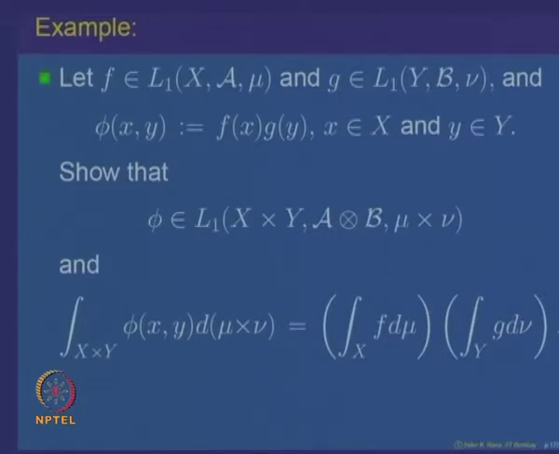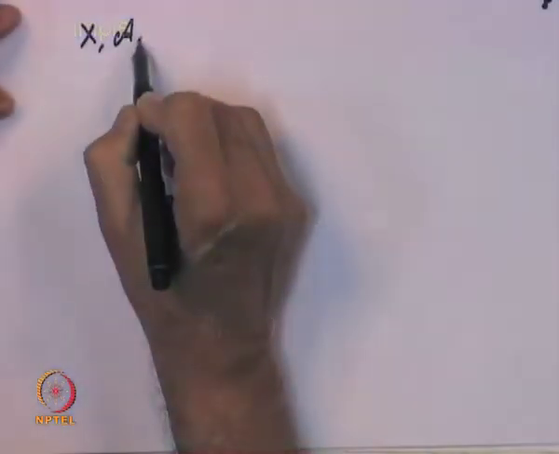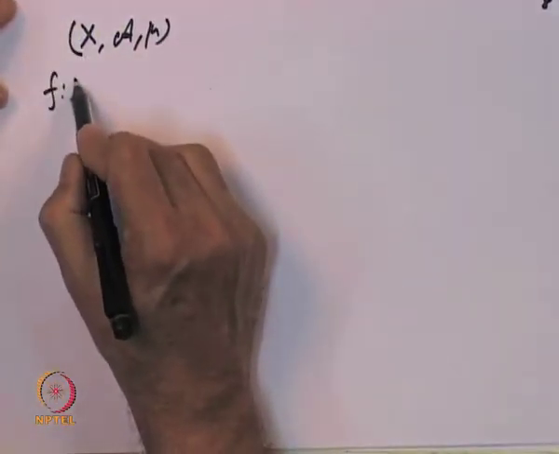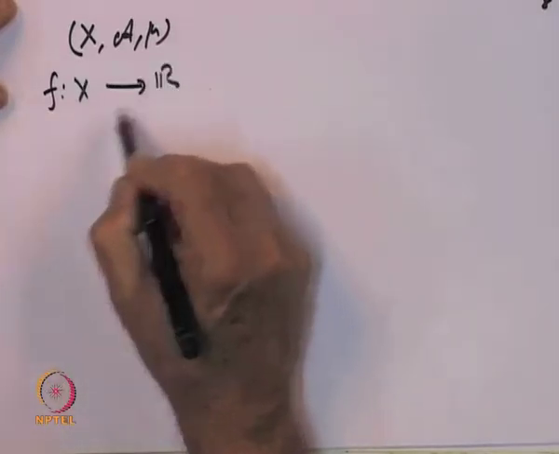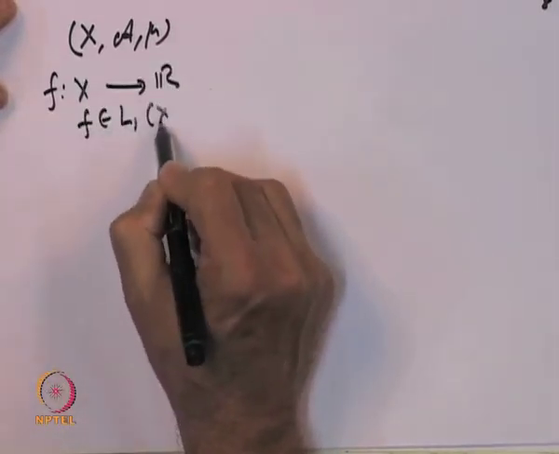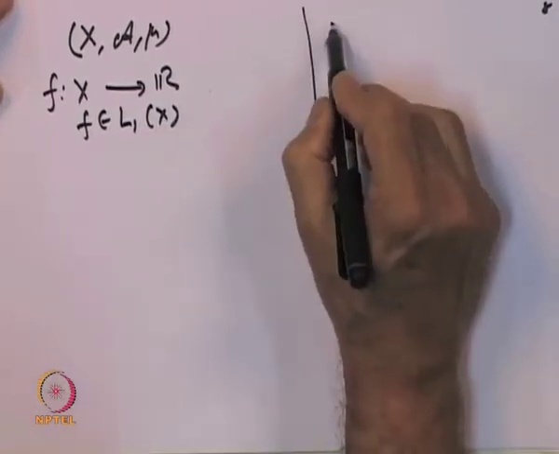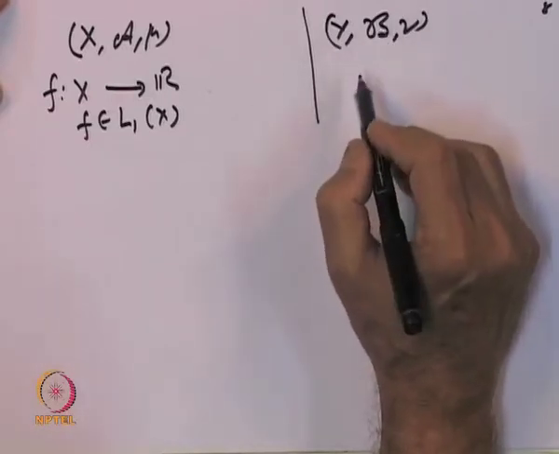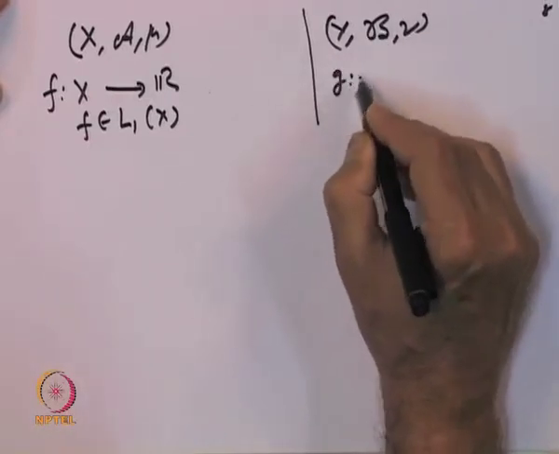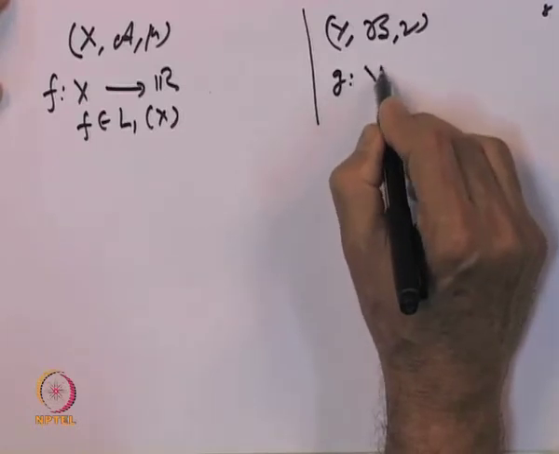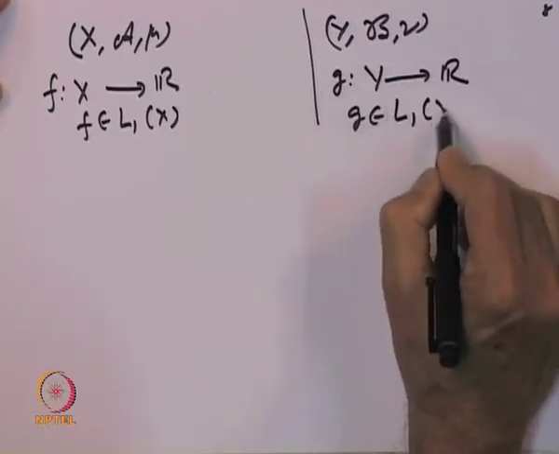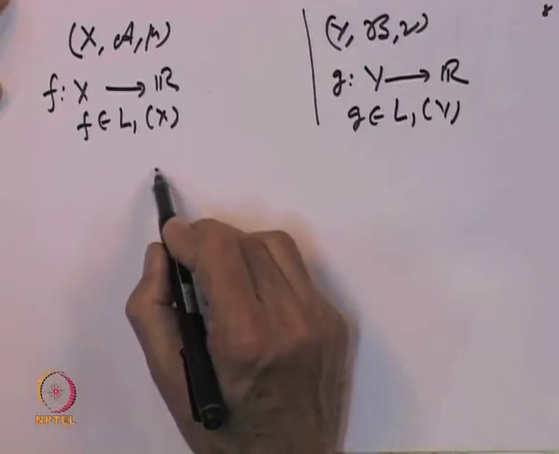So, we want to look at a function f. We have a measure space (X, A, mu), of course sigma finite, and f is a function defined on X and f belongs to L 1 of X. On the other hand, for (Y, B, nu), we have a function g from Y to R, and g belongs to L 1 of Y. So, define phi.